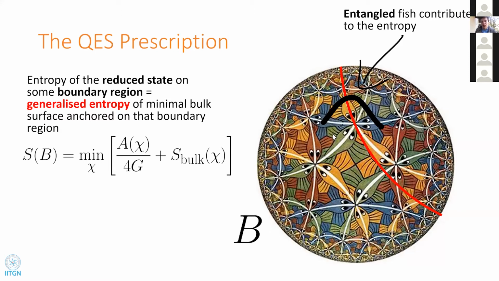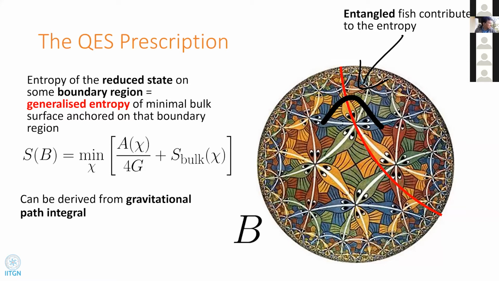So heuristically, what this means is that if this blue fish here is entangled with this blue fish over here, then their entanglement entropy contributes to the entanglement entropy of the boundary in exactly the same way that the classical area would. So this is called the quantum extremal surface prescription once you include these quantum corrections.